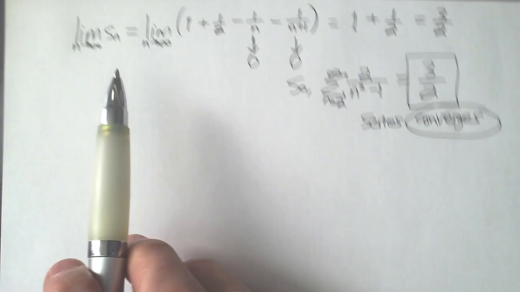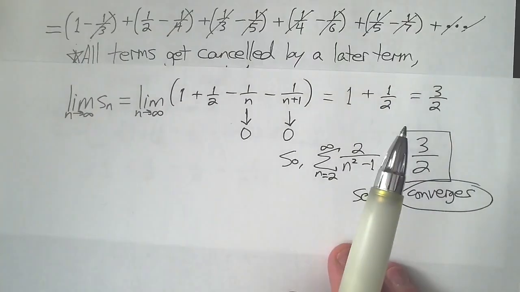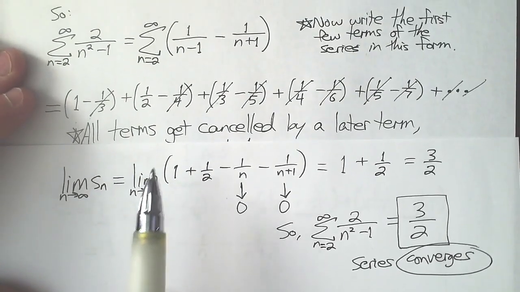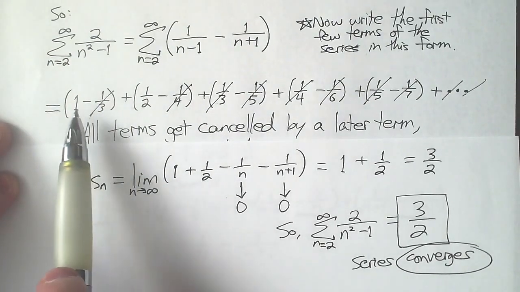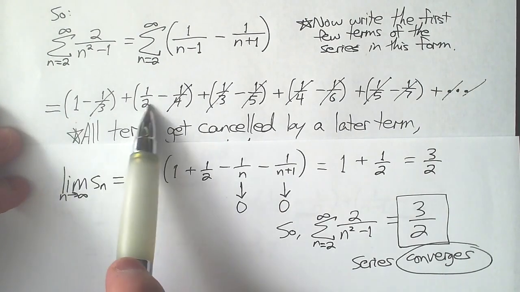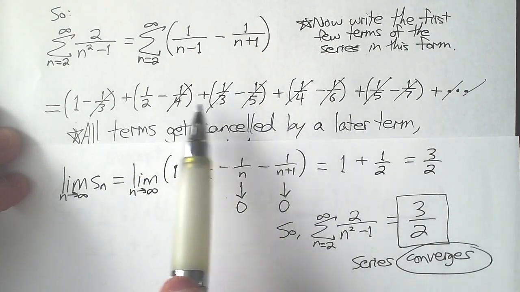All right, so let me say something about this, though. When we canceled most of this away and we were left with the 1 and the 1/2, what will happen in a series of this form, a telescoping series, is you'll be left with something. It's not always going to be a 1 and a 1/2, but it's up to you to figure out which terms don't have a partner.